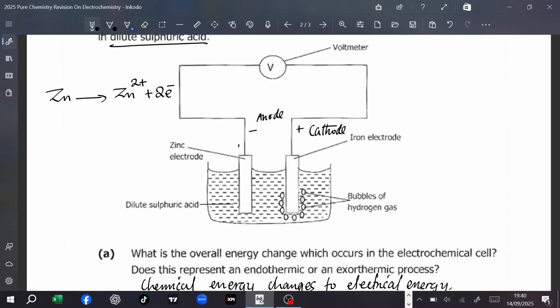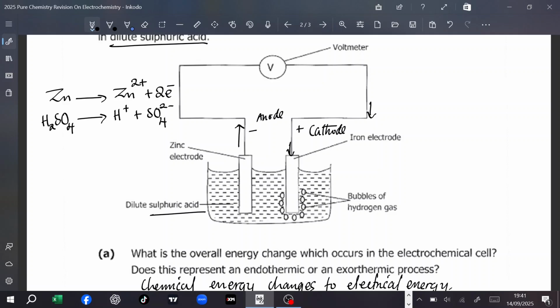Those two electrons will travel in the external circuit and come all the way up to here. When they come here, they must be gained by hydrogen. Hydrogen will come from where? From sulfuric acid, which is split into hydrogen and the sulfate ion.